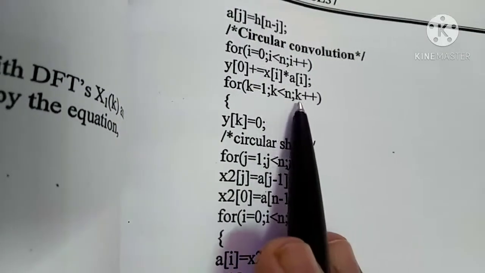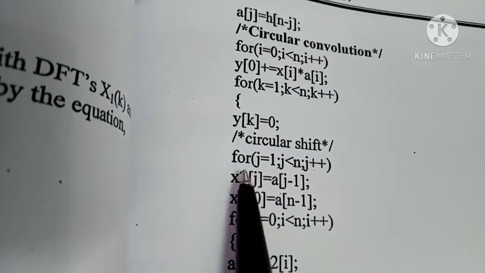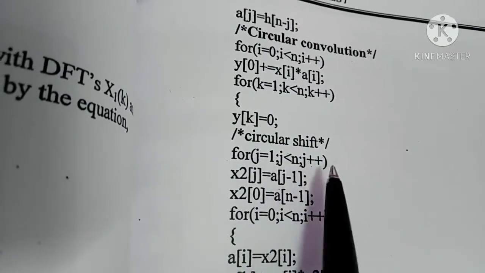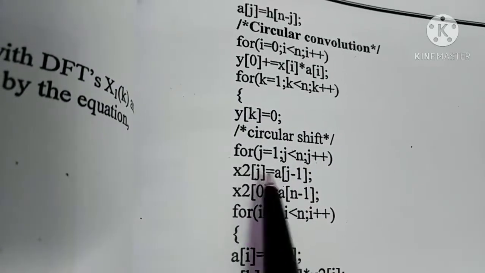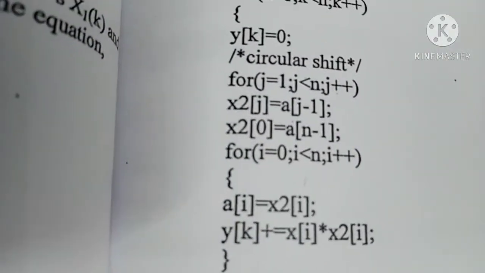So we have taken a for loop from 1 up to how many times we require: k less than n, less than 4, means it will run 3 times. y of k is equal to 0, and for j is equal to 1, j less than n, j plus plus, we are multiplying. x2 of j is equal to a of j minus 1, so we are shifting one position.